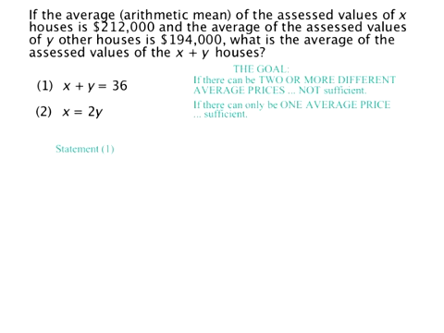The point is, if I have X is 35 and Y is 1, then the average price is going to be very, very close to 212,000, because virtually all my houses are 212,000.